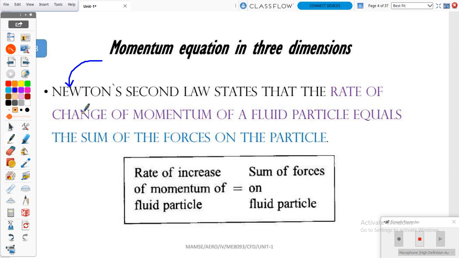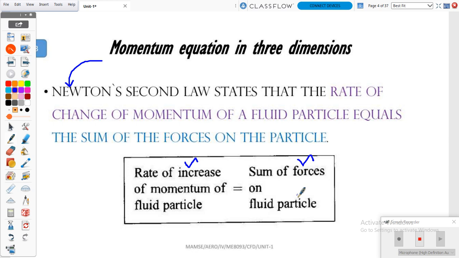According to Newton's second law, the rate of increase of momentum in a fluid particle is equivalent to the sum of the forces on the fluid particle. Momentum is force multiplied by distance, which leads to rotation. So how that momentum increases is equivalent to the sum of the forces applied to the fluid particle.